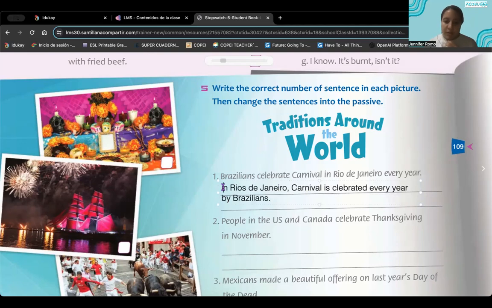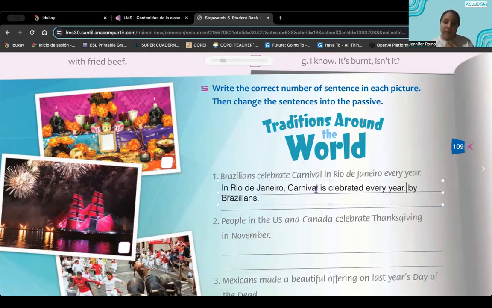Ok, entonces aquí está mi ejemplo. En Rio de Janeiro, Carnival is celebrated every year by Brazilians. En Río de Janeiro, el carnaval es celebrado todos los años por los brasileños. Como les indicaba, el by Brazilians no es necesario que lo usen. Pueden bien poner en Río de Janeiro, Carnival is celebrated every year.